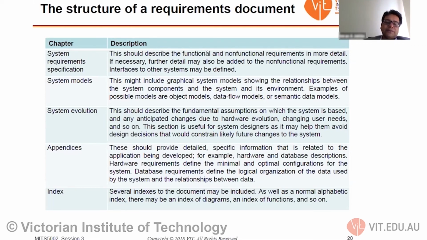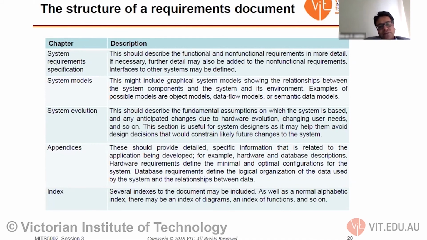This really helps decision makers decide whether to go with this design or halt it, or accept those evolutions. It's about how sustainable what we are creating now is. Will it be usable after 1 year, 2 years, 5 years, or 10 years? So future changes overall. And then appendices at the end.